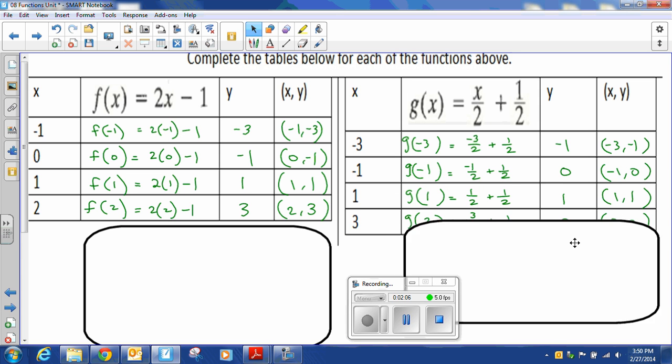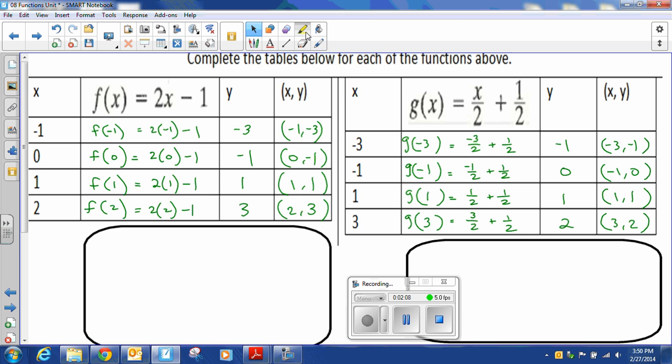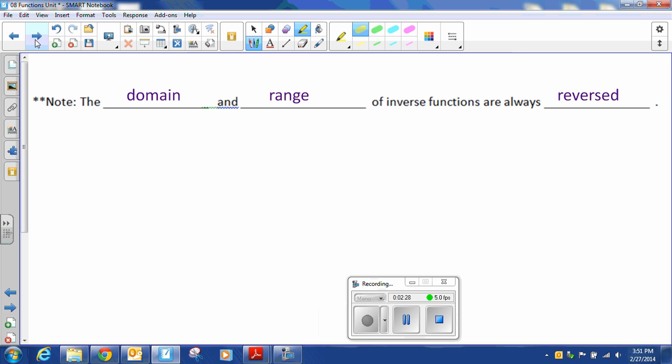Now if we complete the rest of the table, we will notice something very interesting, and that is all of the ordered pairs with this function are basically reversed. The order is reversed with this function, and that is because these two functions are inverse functions. And that leads us to our next set of notes, which is the domain and range of inverse functions are always reversed.